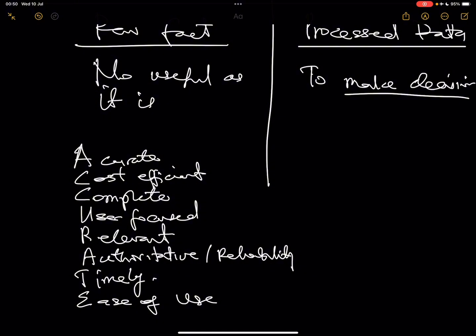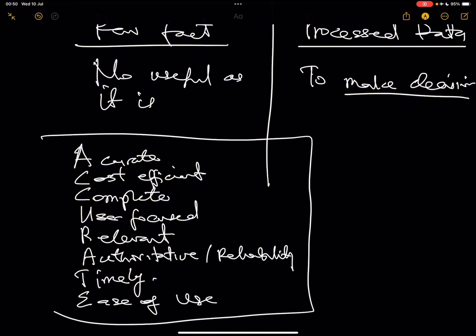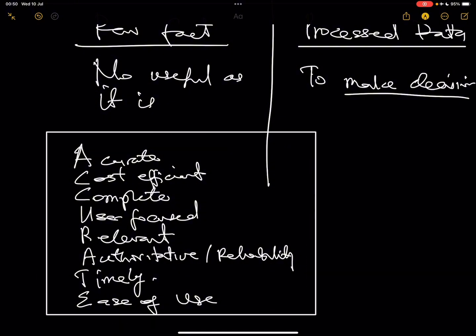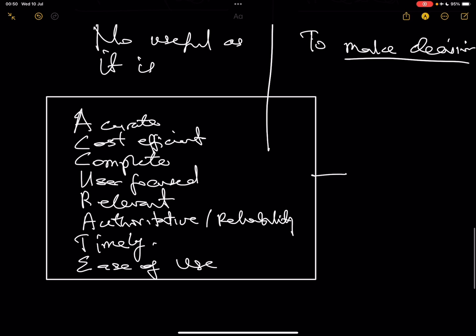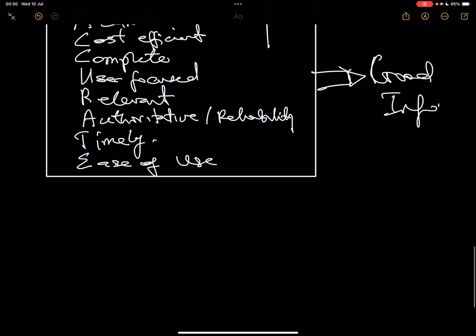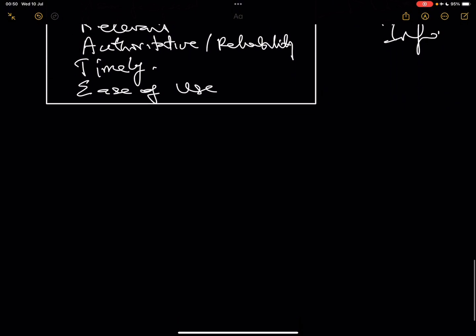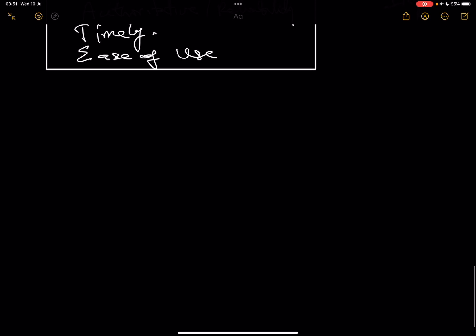So all of these are characteristics of good information. Please take notes, and the acronym is actually GOOD INFO. Good info must have those characteristics. Very important.